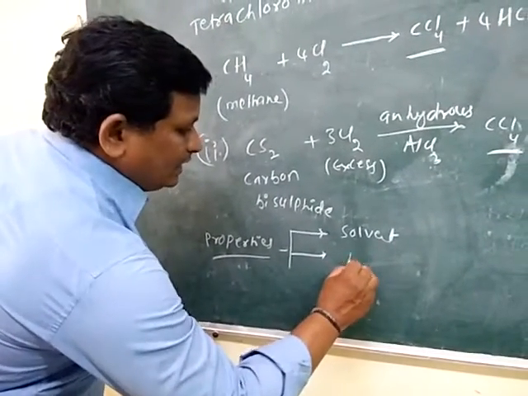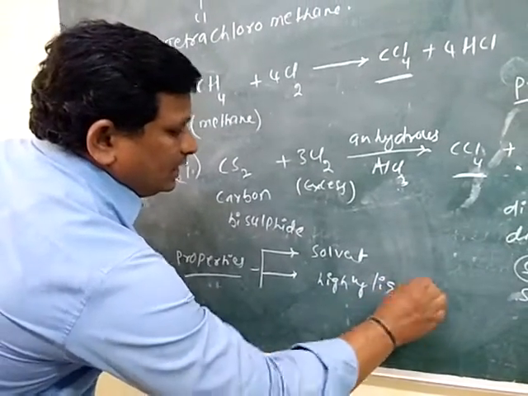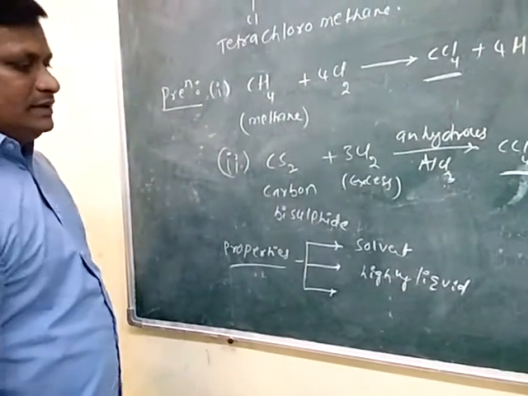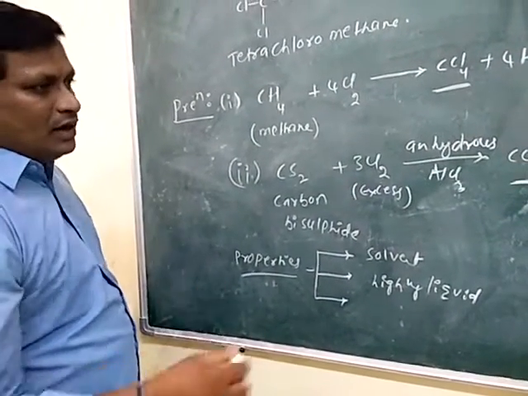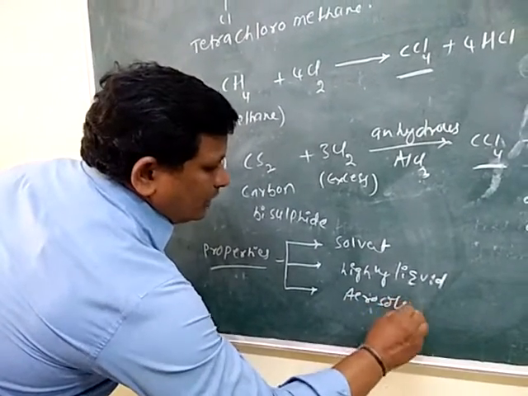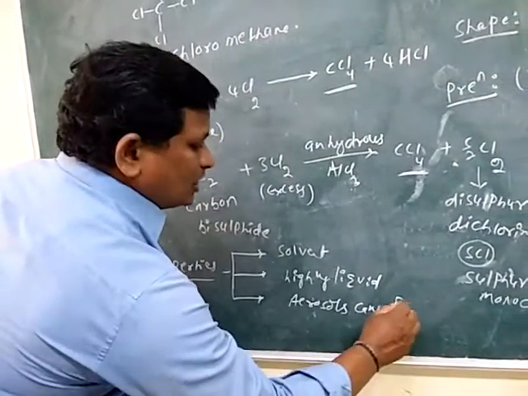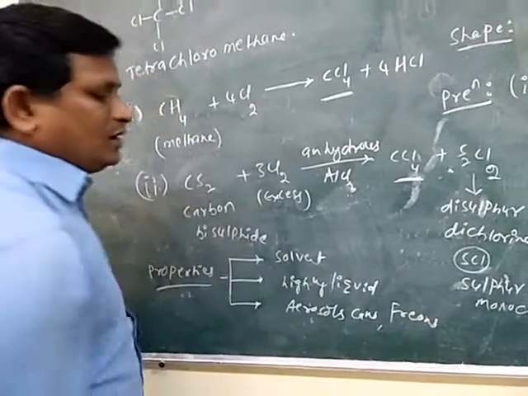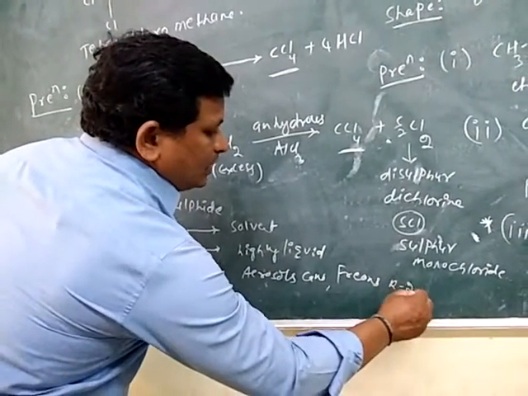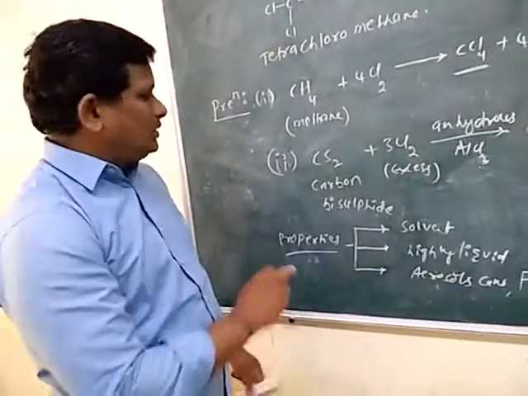It is used in the preparation of aerosol cans, as well as in the preparation of freons. Freons like R22 are prepared from carbon tetrachloride.